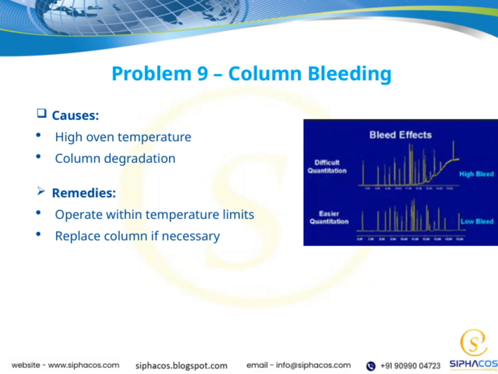If the column has degraded significantly, it's usually best to replace it to ensure proper functioning. By understanding these causes and remedies, we can better maintain our equipment and avoid costly downtime. This ties into our overall theme of proactive maintenance and process control to ensure quality and efficiency.